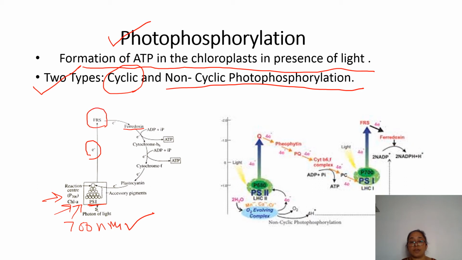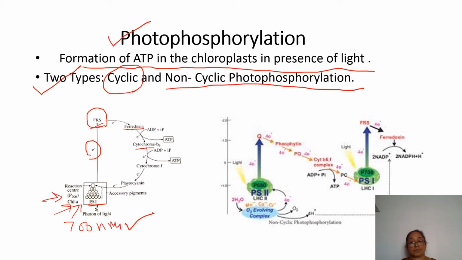Now what is this FRS? FRS is ferredoxin reducing substance. So this electron which is released from photosystem 1 is accepted by ferredoxin through FRS, ferredoxin reducing substance. When the electron reaches the ferredoxin, it will further move into cytochrome B6.